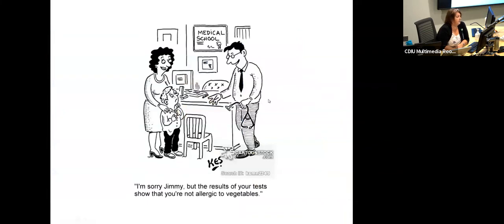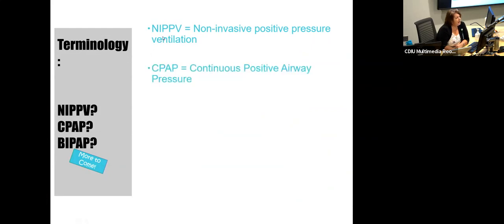All right, let's continue on. So let's talk about the technical aspects. So NIPPV stands for non-invasive positive pressure ventilation. CPAP stands for continuous positive airway pressure. If you're familiar with invasive ventilation, this is similar to PEEP, so positive end expiratory pressure.